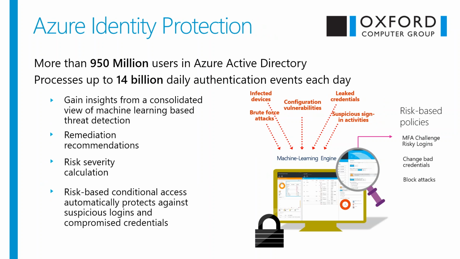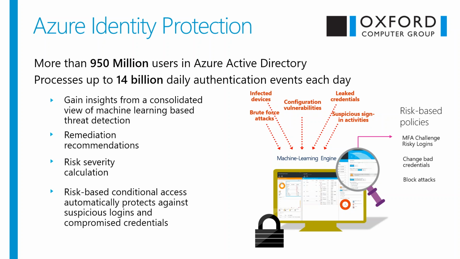This is a very interesting service from Microsoft, leveraging its massive footprint on how many different users they have in Azure Active Directory and how many authentication events they are processing, in addition to their investments in cybercrime and looking at everything on a mass scale.